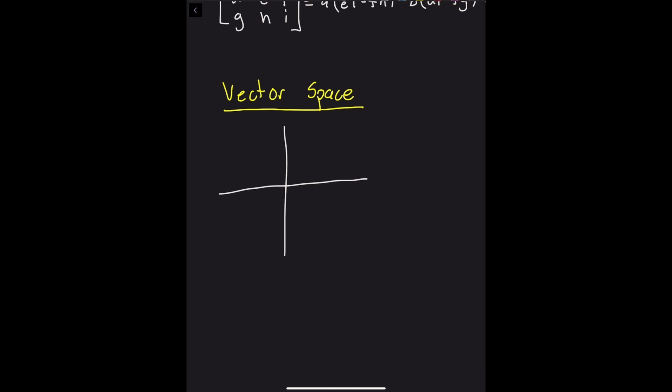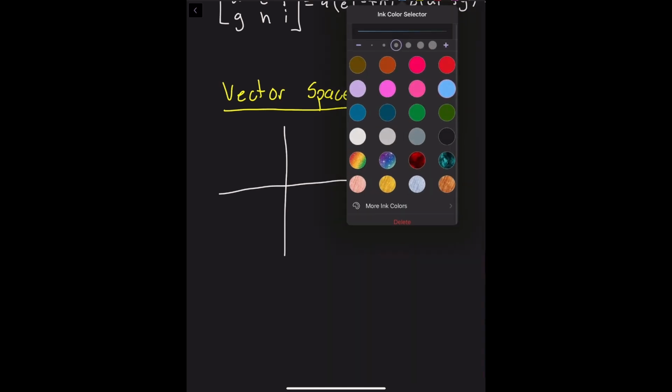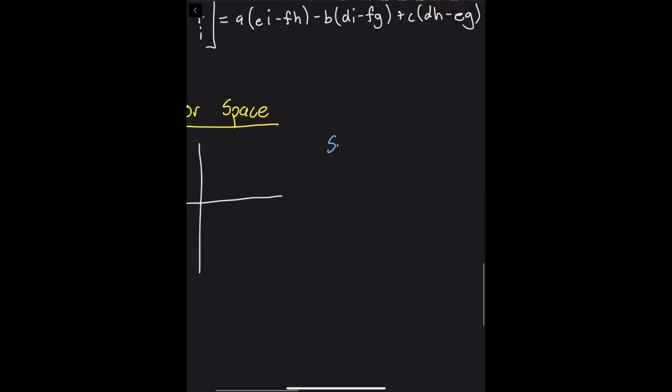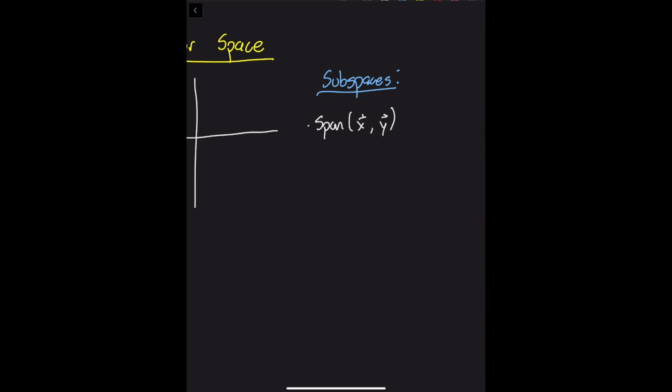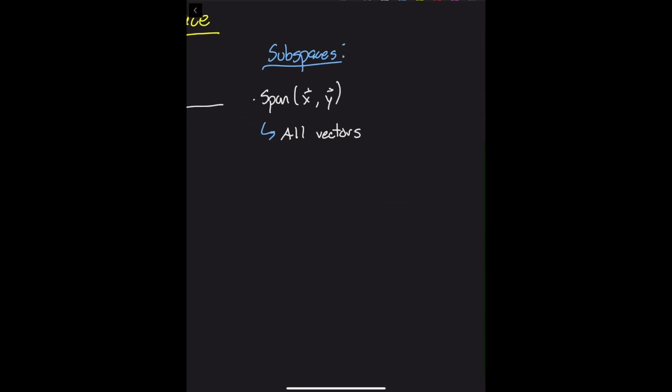I'm not going to delve too deep into that, but these are called subspaces, and there's a few subspaces that are important to know. The most important one is span. So if I have the span of two vectors, x and y, this is basically all the vectors that I can get by adding x and y, or some multiple of x and y.